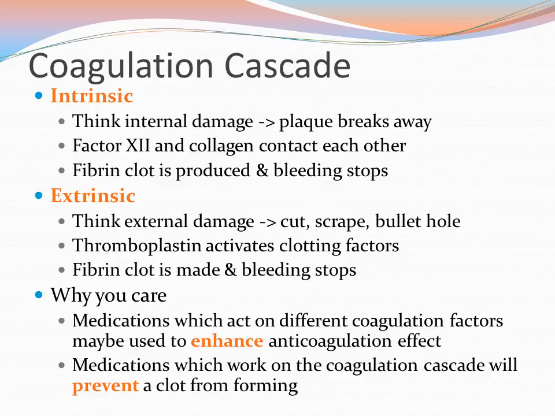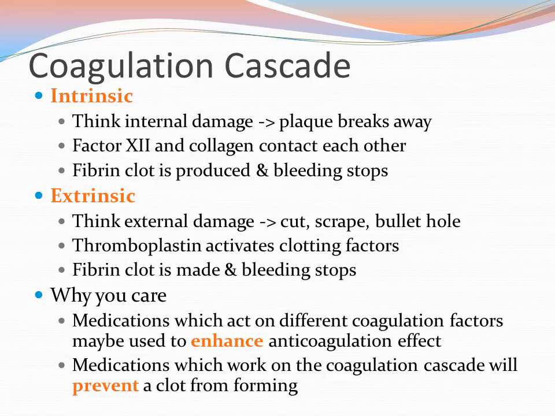You're going to see some of our anticoagulants work on factor 10 to help inhibit that, but essentially most of our anticoagulants work on inhibiting some of these factors, which then trigger the fibrinogen to build a clot. So what this means to you as a student, certainly you don't need to memorize this step by step, although I'm just going to warn you, I had to when I was in school, so you can send me a thank you note for not making you learn it.